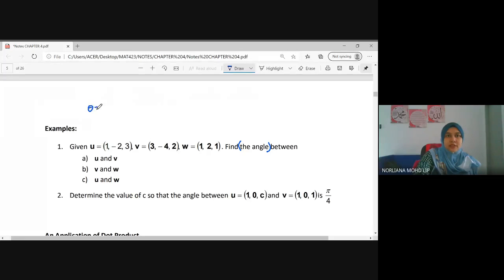Theta equal to cos inverse of U dot V over magnitude of U times magnitude of V. First, you have to find the dot product of U dot V. So U dot V equal to what? 1 times 3 plus -2 times -4 plus 3 times 2.